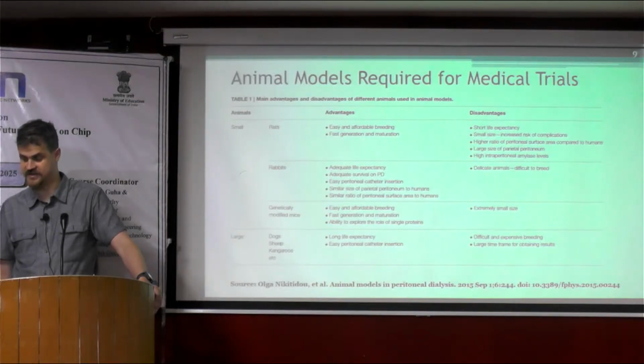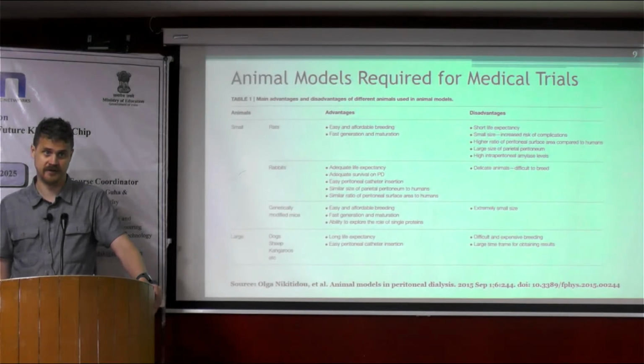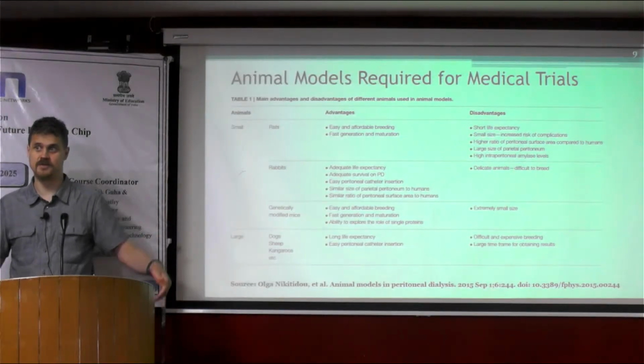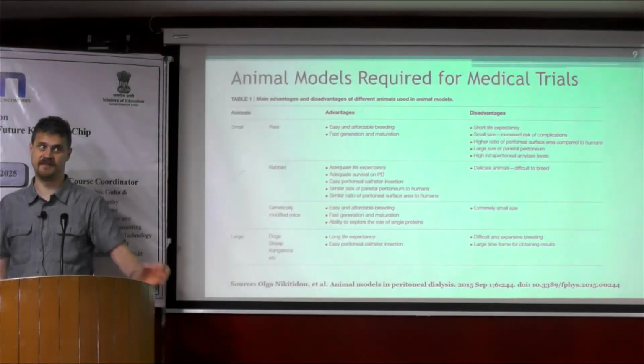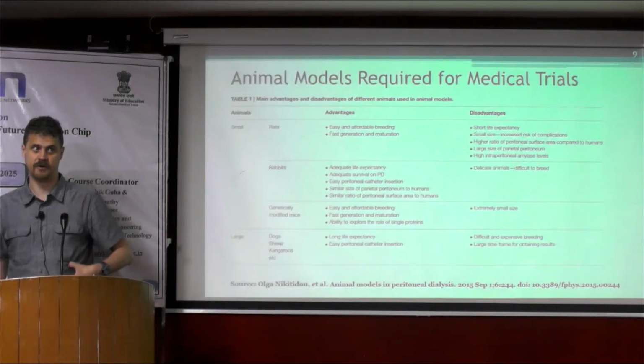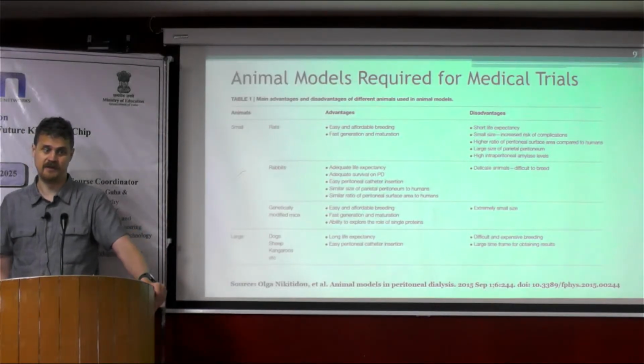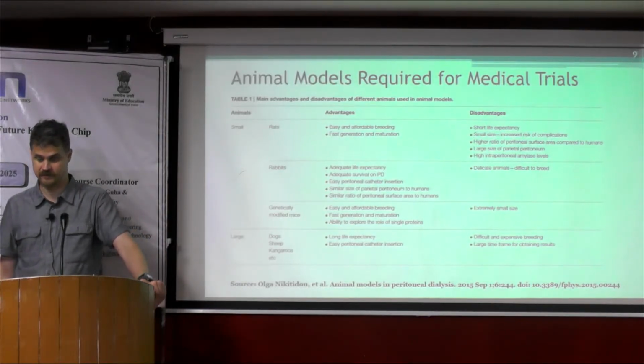For that reason, we had to choose animals like the pig model. And basically, it's not just time-consuming. It's a huge animal that should be grown in a specific vivarium. It needs a specific diet to prevent excessive fat growth, because it can prevent further experimentation with peritoneal dialysis.